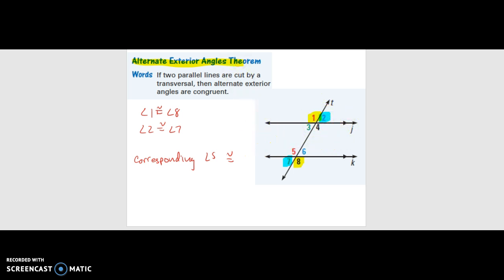So when I look at 1 and 5 in the diagram, angle 1 would be congruent to angle 5, angle 2 would be congruent to angle 6, angle 3 and 7, and angle 4 would be congruent to angle 8. That's because these are all corresponding angles. And if you look at the diagram, each pair of those corresponding angles looks congruent, therefore they are congruent.